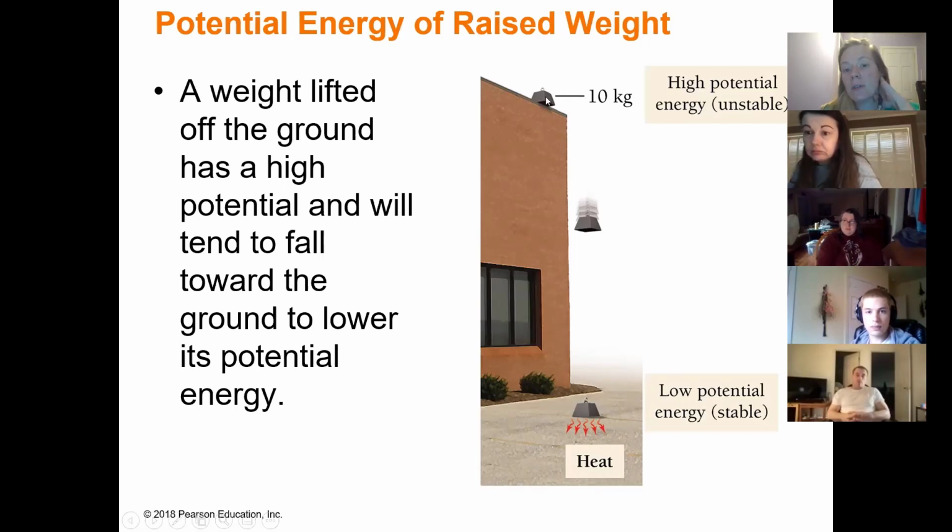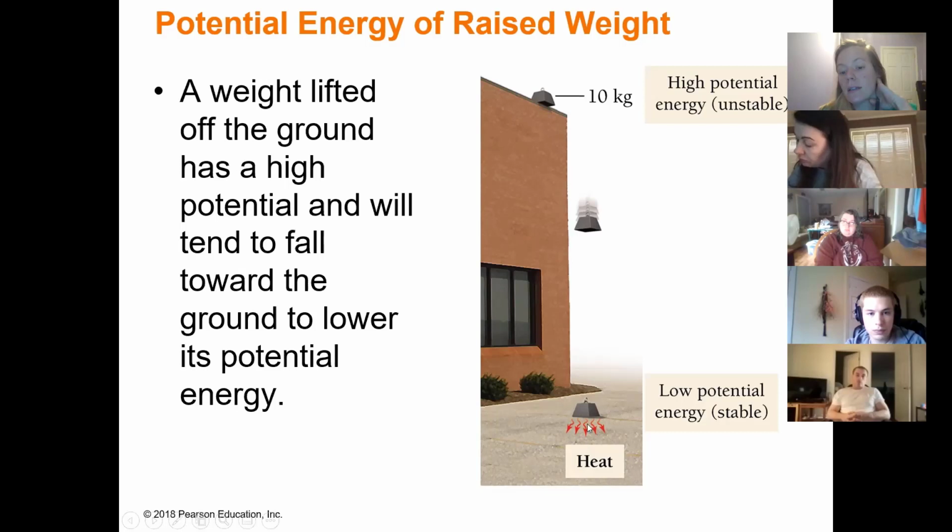If this thing was to fall, it's unstable, it has a high potential energy, and it wants to move towards a lower potential energy. The weight would fall, the potential energy in it would turn to kinetic energy, and when it hit the ground, that kinetic energy would shift into heat or thermal energy.